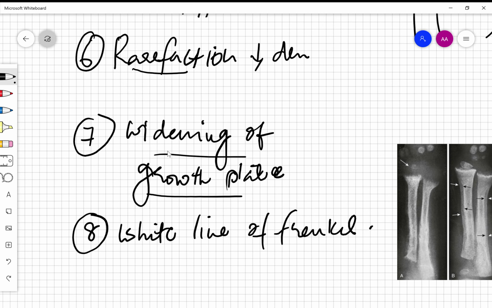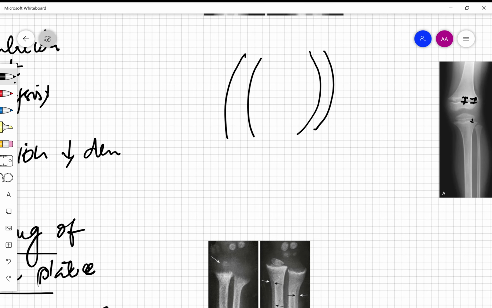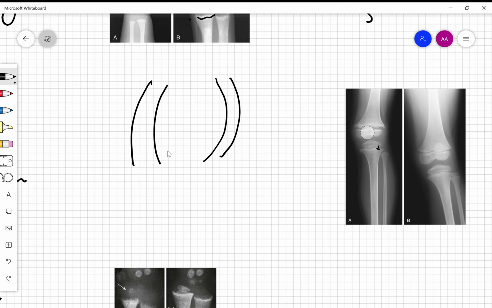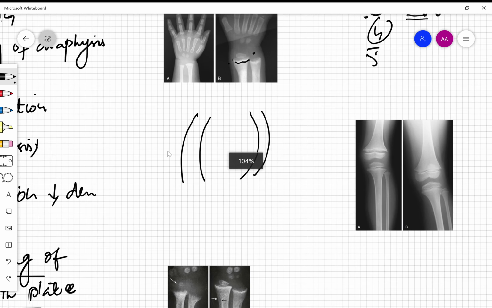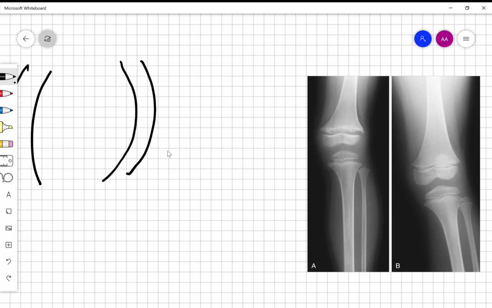The last finding that we can see is the white line of Frankel. When we start treatment, we see a dense zone in the area of the provisional zone of calcification. Here you do not see any calcification happening, but here you can see this white line, and it appears after treatment.